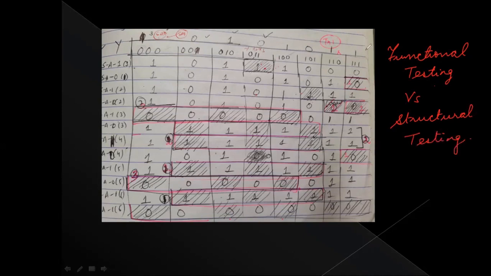Okay. Now the typical requirement for ensuring reliability and removing all the faults which are there: we had 6 nodes in a circuit, which gave me 12 possible stuck-at fault models.